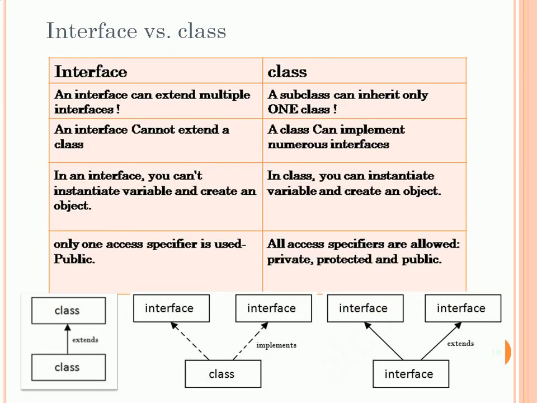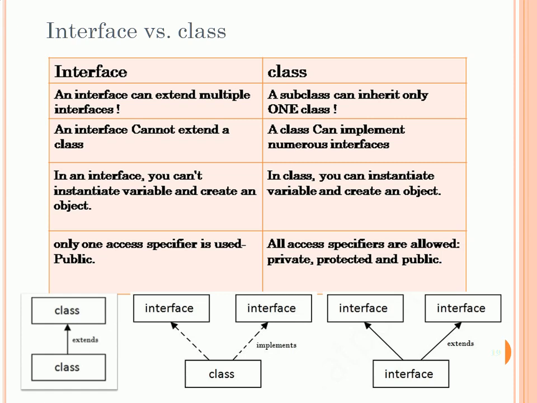Now let's move to comparing interfaces and classes. An interface can extend multiple interfaces. However, a class can inherit only from one class, as we studied before. An interface cannot extend a class, but a class can implement numerous interfaces.